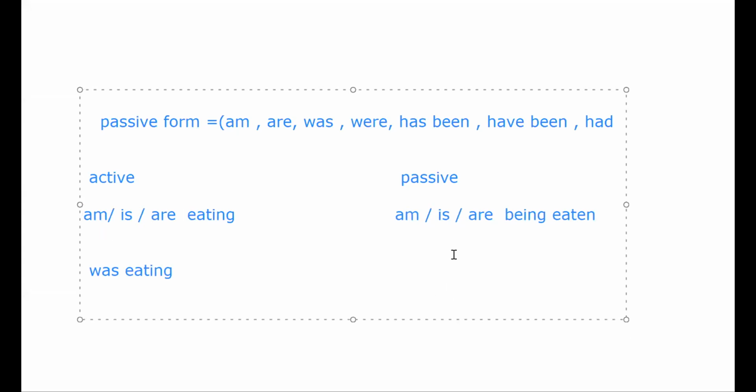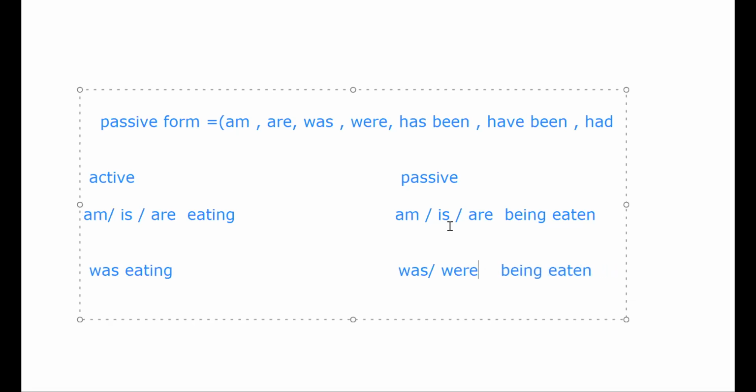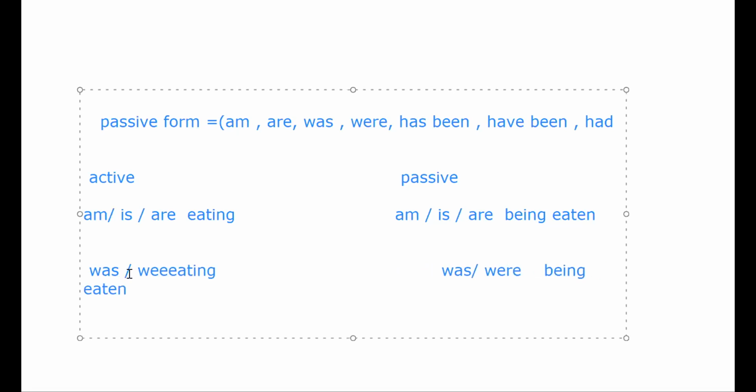The ing form turns into being plus V3 form. Being eaten, that won't change. The only thing here is was or were being eaten. It depends on what subject I have.